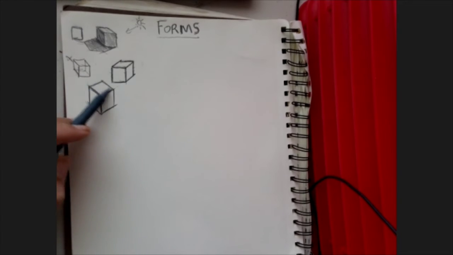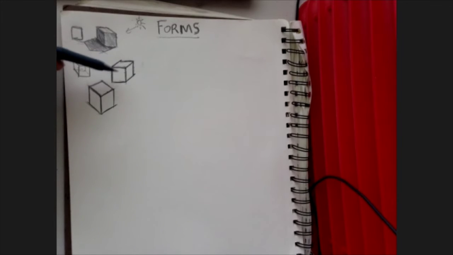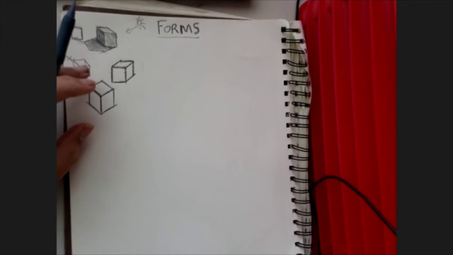So this line should do the same. And so we have two different ways to draw a cube. This one looks like we're still looking at the front of it, or this one, we're looking more at the corner. Okay, hopefully you guys found that part easy.